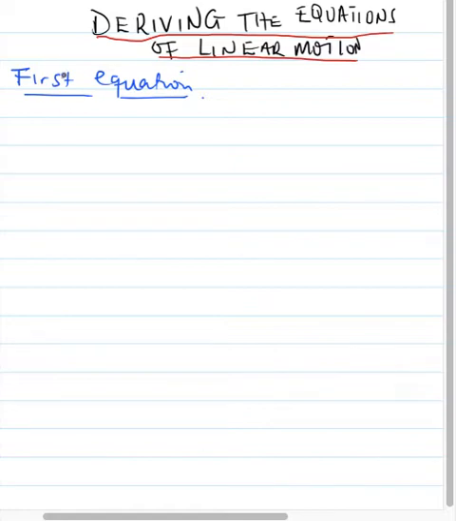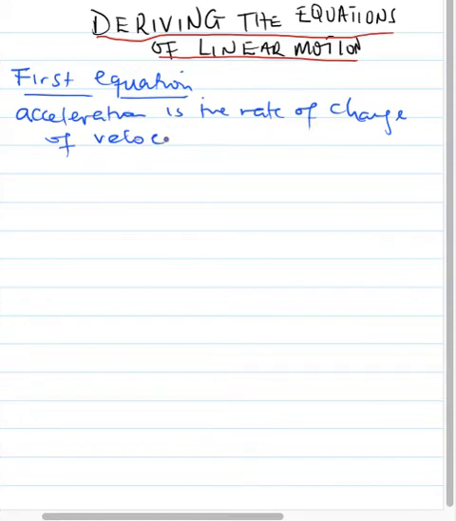The first equation comes from the definition of acceleration. Acceleration is the rate of change of velocity.